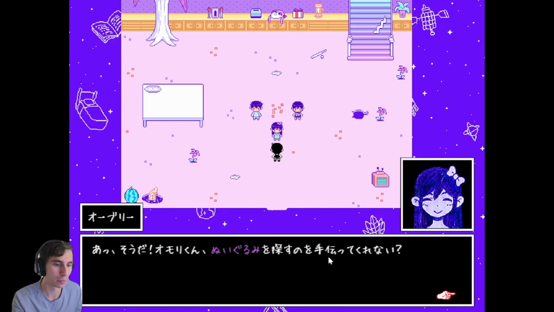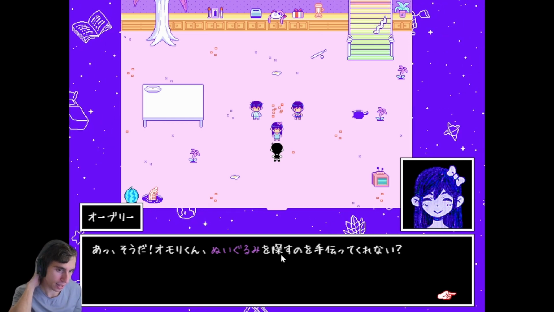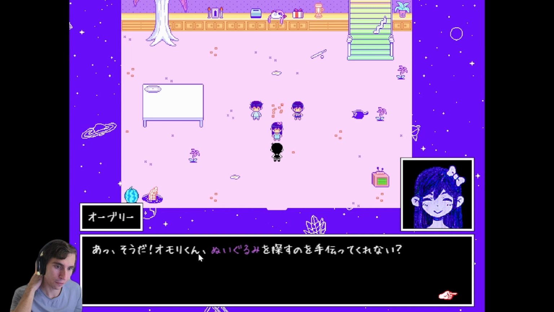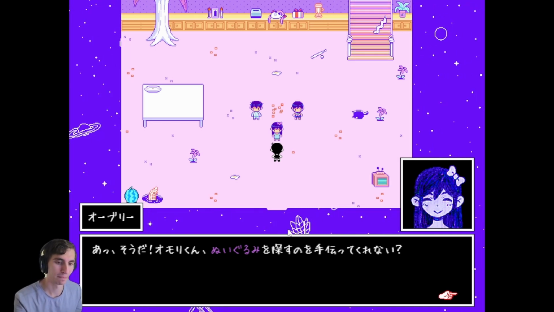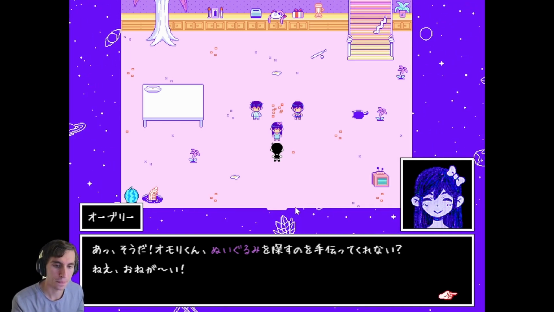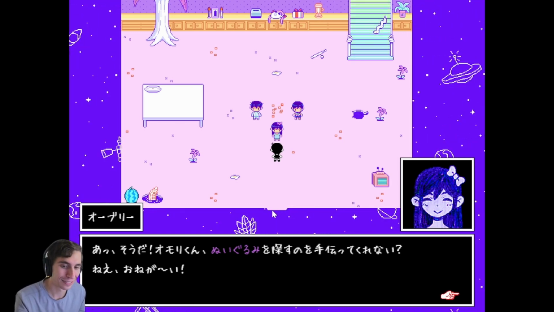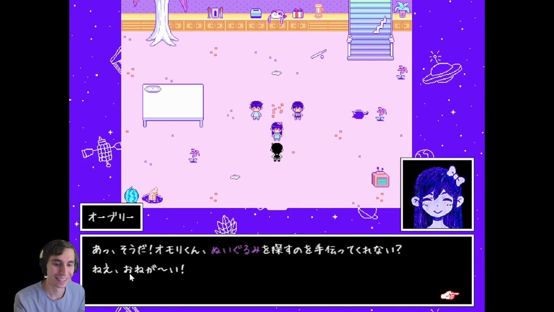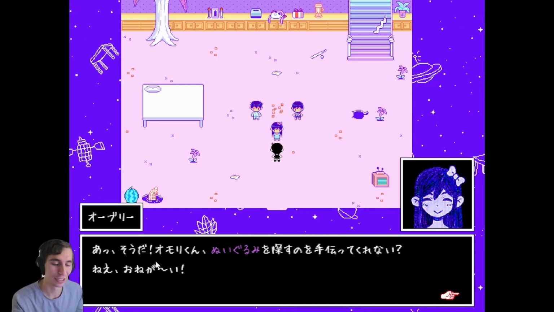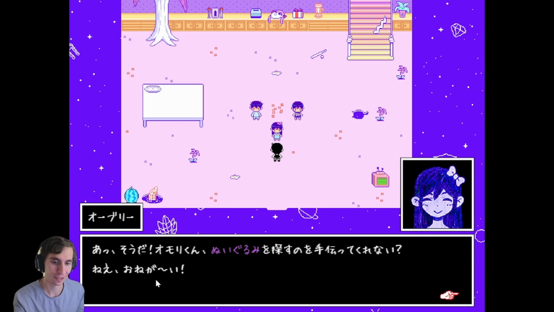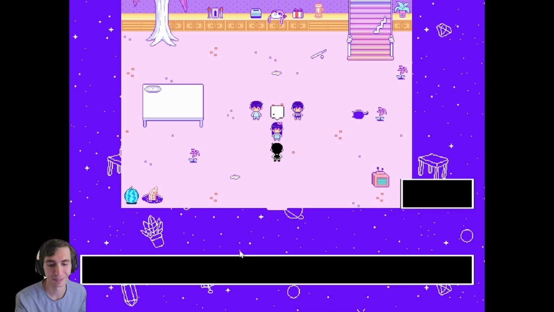So won't you help me? In searching, won't you help me search for the plush toy? Okay. ね hey, or right? お願い please. She's being very cutesy here. She's like, ね hey, お願い please.